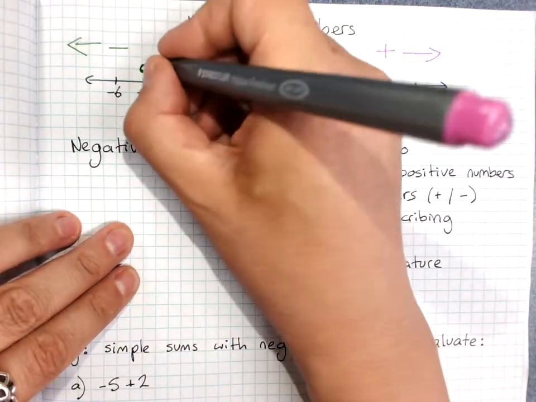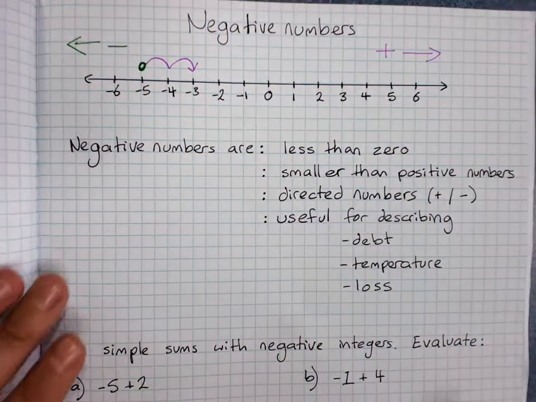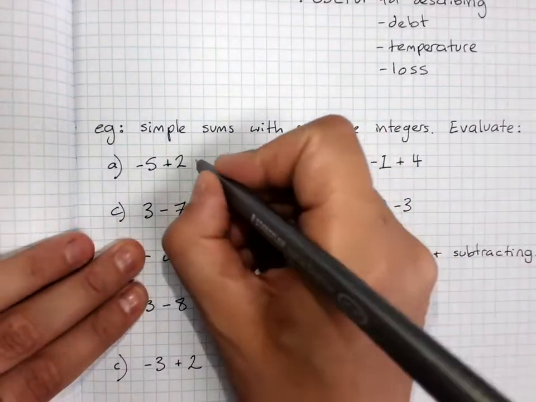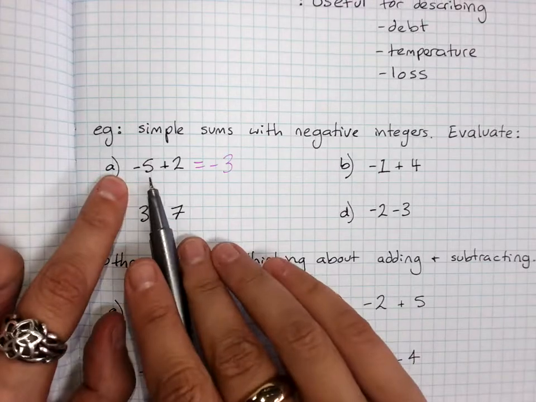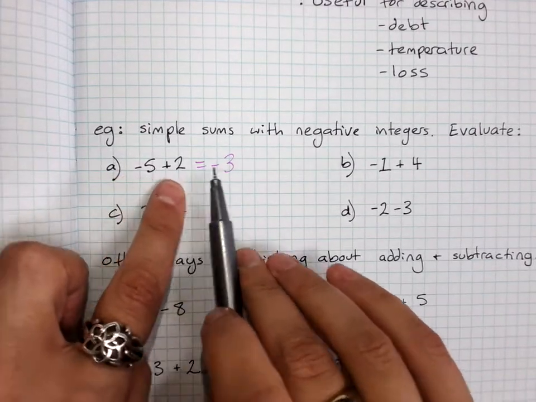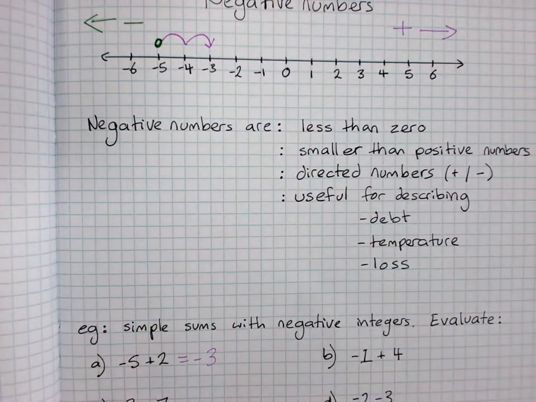We're going up 1, 2, and we get to negative 3. So we start at negative 5 and we gain 2 and we get to negative 3, which is very clear on a number line.